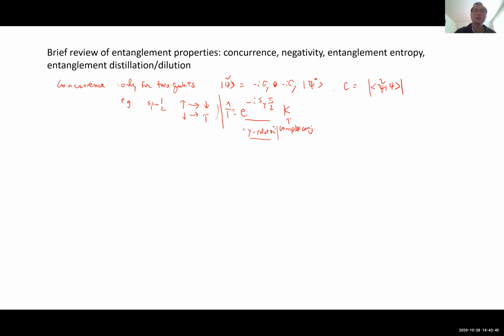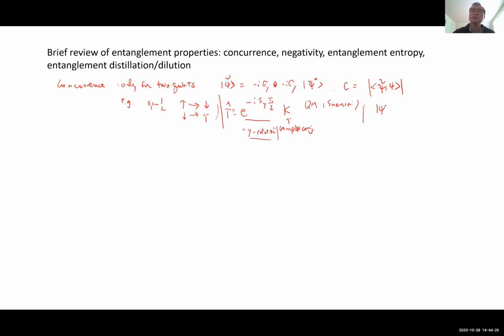In modern condensed matter, you have seen time reversal in different ways. But we're going to use the most basic way that people have defined, which is this rotation around y and complex conjugation. You can maybe refer to quantum mechanics by Sakurai. But this is not that important. I just want to give a meaning of the concurrence.